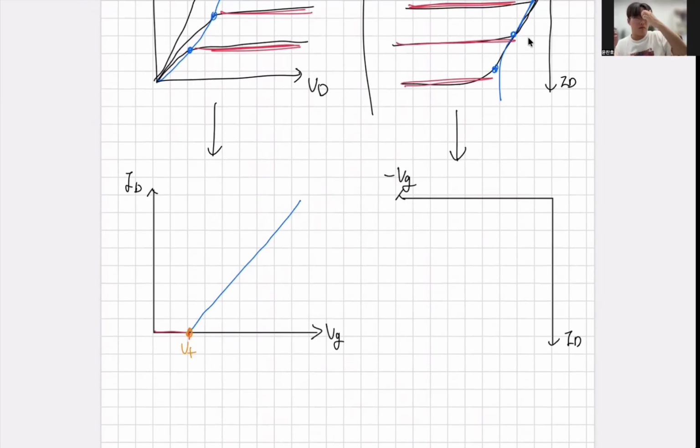In PMOS, if the threshold voltage is here, before the gate bias passes the threshold voltage, the current will be zero, and after the gate bias passes the threshold voltage, the current will flow like this.